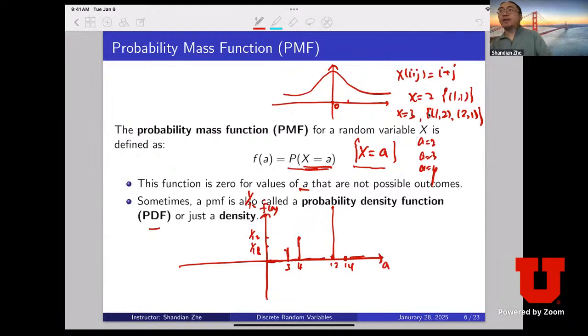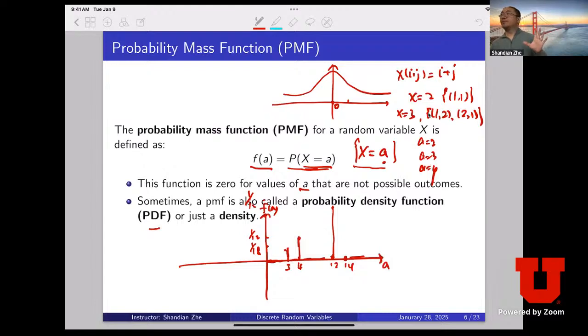And the probability of the event also varies, right? So you see, actually there's a mapping between the A you use to define the event and the probability of that event, right? So this is called a probability mass function. It's a mapping from A to the probability of the event defined by A. Does it make sense?